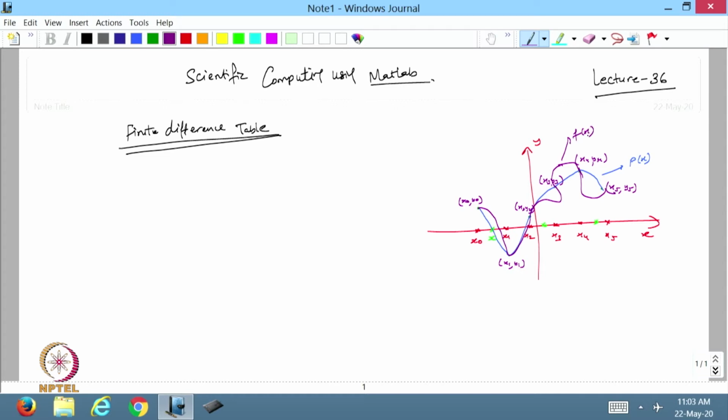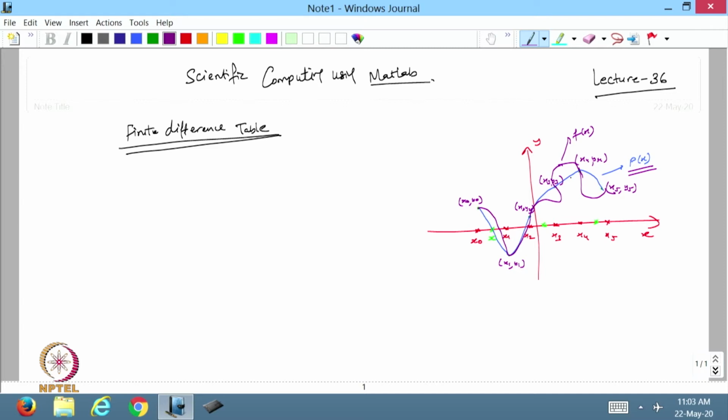We do not know that function, but we take that there is some function and the points are a few values of the function at the given nodal points. Based on these data points I want to approximate a polynomial. So, this Px is the interpolating polynomial passing through all these data points.